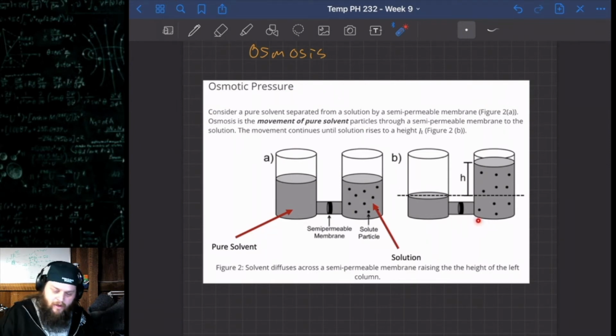And you can look on the right-hand side. This is kind of the idea of how they would use it. You could pour salt water in this side, and the pressure difference between here, they want to be at equal pressures, because you still have one atmosphere pushing down on both of them. But when you get down to here, the pressure of all the water above it is greater. So this is pressurized, and it's pushing the water this way. So here you get the pure water, and the salt water stays up here.